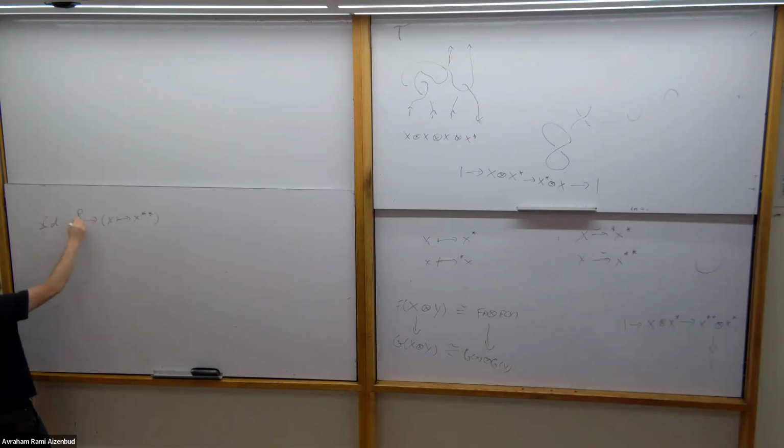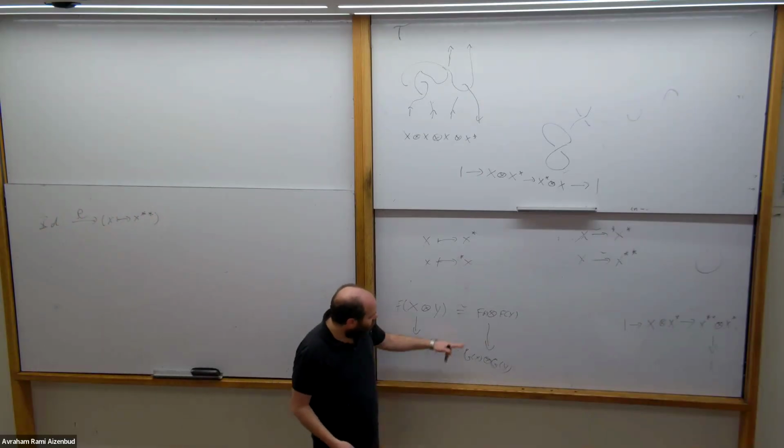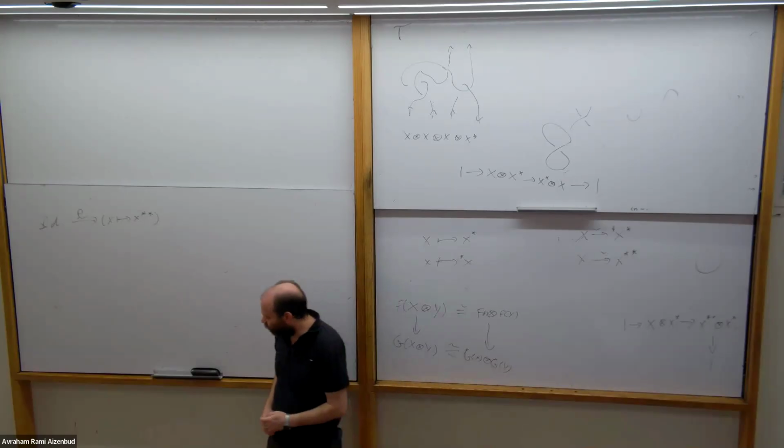And this isomorphism is different than the one given by the braiding, because it is monoidal. The one that's given by the braiding is in fact like anti-monoidal, yes. Maybe no, I don't know what anti-monoidal means in this case. Okay, let's ignore it for now.